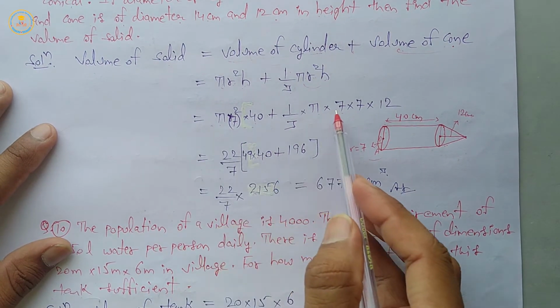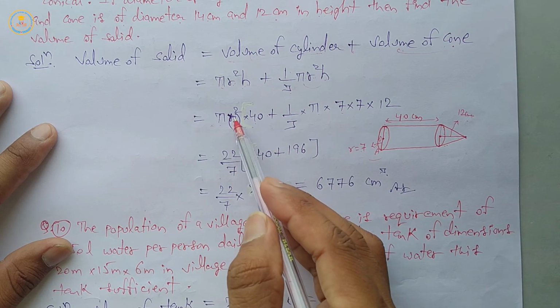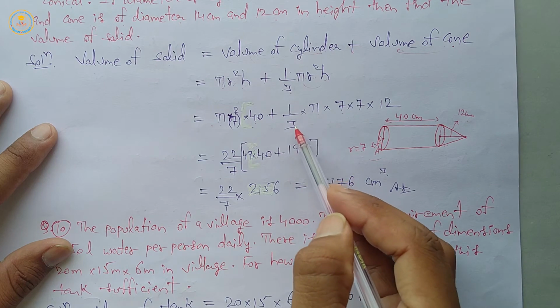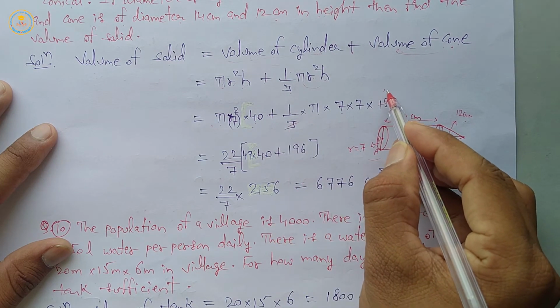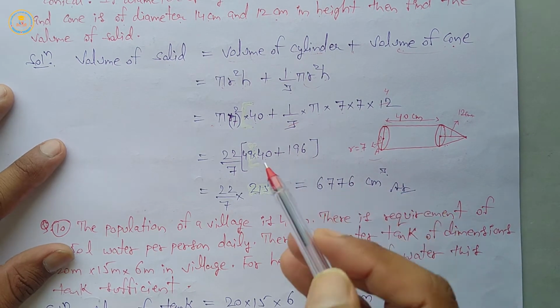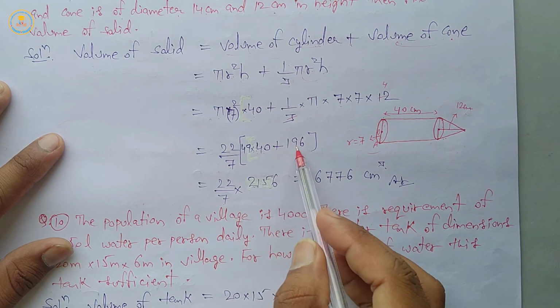Therefore, pi is the common part. So 22 upon 7. Remaining part: 7 multiply 7, 49, into 40 plus 3, cancel out by 12. 4 times 7 into 7, 49 into 4, 196. 22 upon 7, solve out this part.